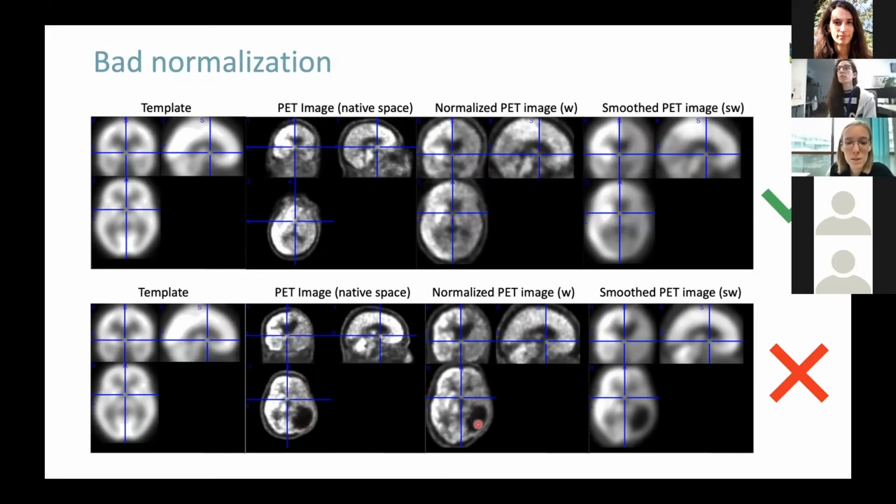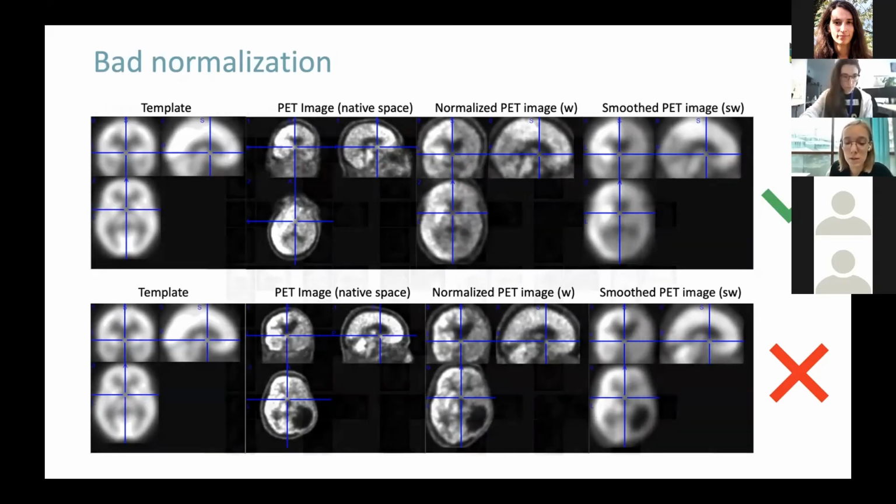And there the normalization just doesn't work so well. So normalization cannot converge to a good solution, and that is indeed reflected in this image, also in the smoothed image. So this is a subject for which the normalization didn't work perfectly, and you would probably exclude such a patient from your analysis, at least your group level analysis.